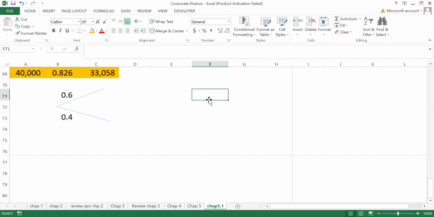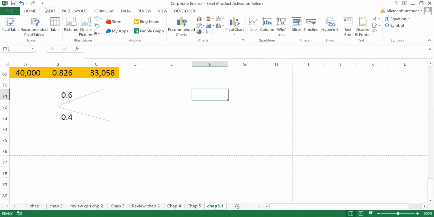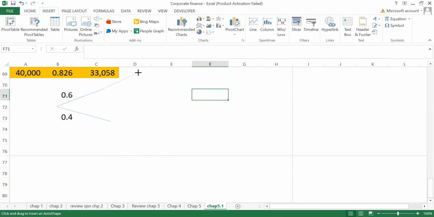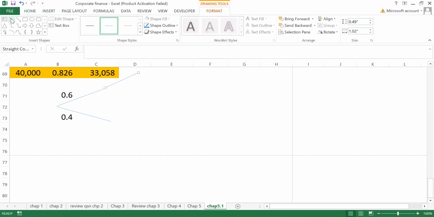Now, if the economy is bad, it's good in the first year, you still have 3 alternatives or 3 choices. You can have this. You can have this. You can have this.